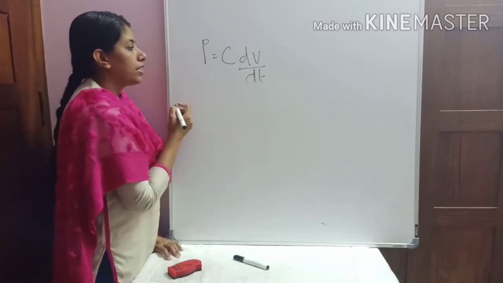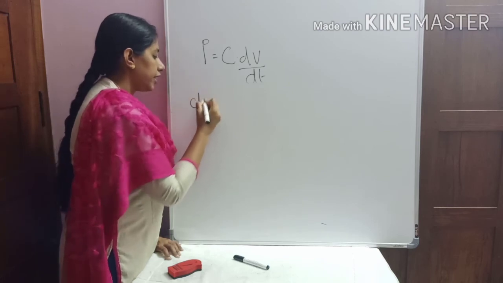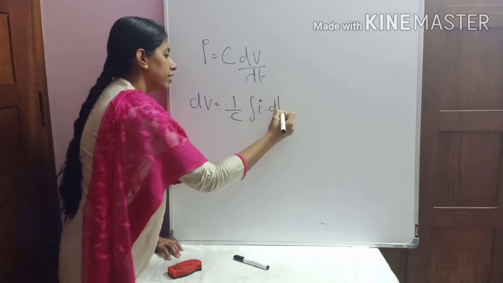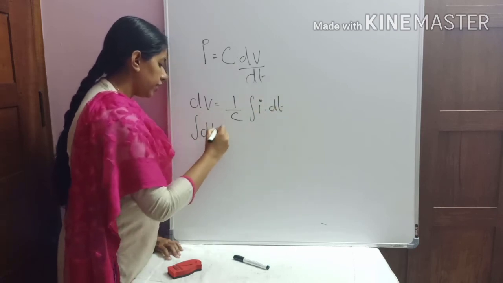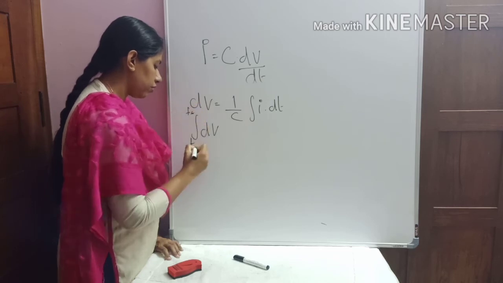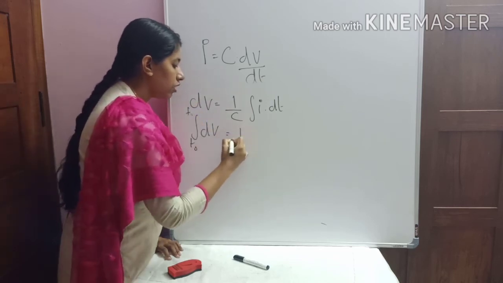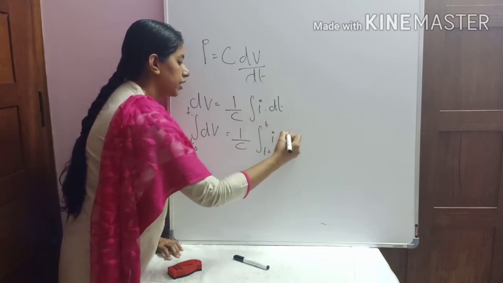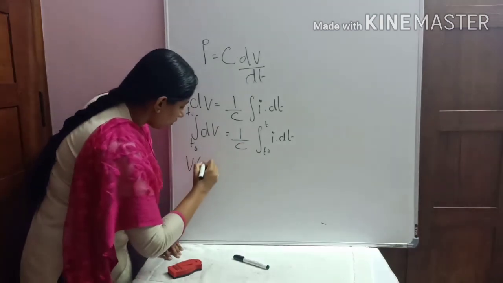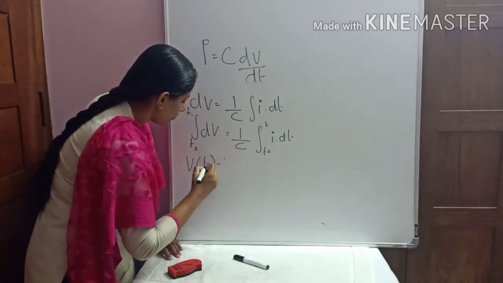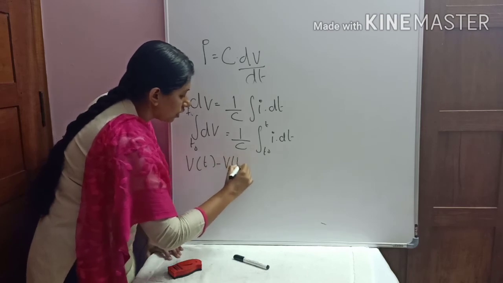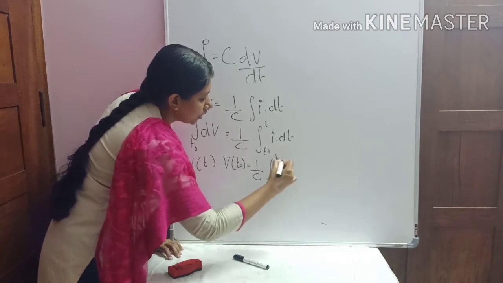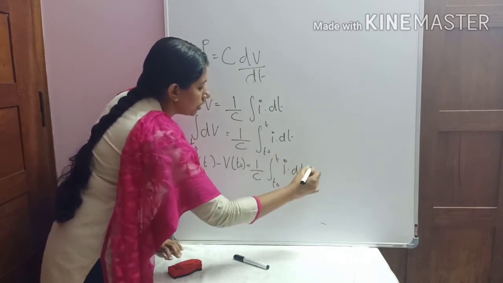From this relation we can write dV is equal to 1 by C into integral I dt. So the integral of dV from t0 to t is equal to 1 by C integral from t0 to t of I dt, and this can be written as V of t minus V of t0 is equal to 1 by C into integral from t0 to t of I dt.